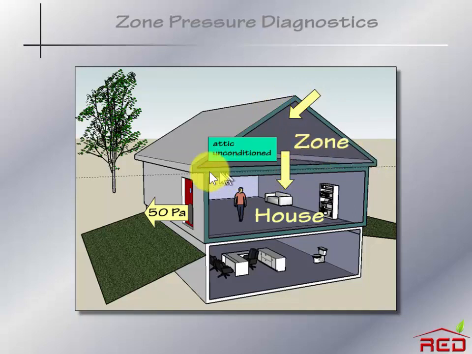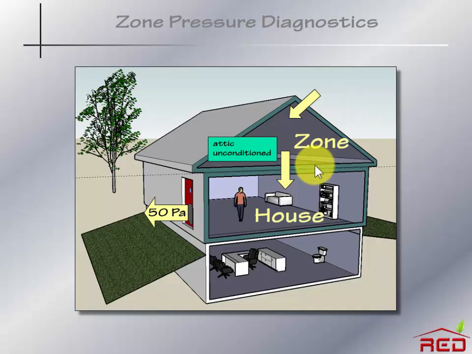So we get a metric through this pressure boundary, leakage in square inches, a metric through this pressure boundary, leakage in square inches, and we also are able to measure the through zone, sometimes called the total path, from the house to the outdoors through the zone, which takes account of both of those pressure boundaries.